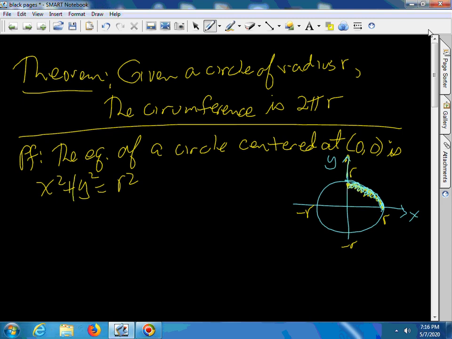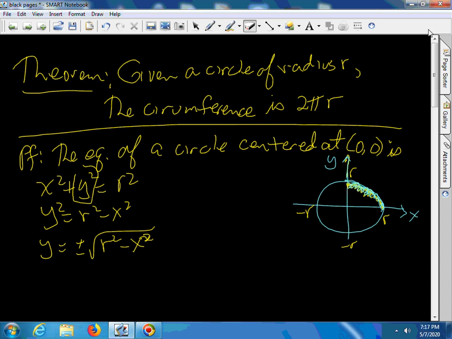So I want to solve for y. y squared is r squared minus x squared. So y is plus or minus the square root of r squared minus x squared. But I only want y to be positive, so I can get rid of the minus. So that's the equation of this, with the added constraint that x is positive.